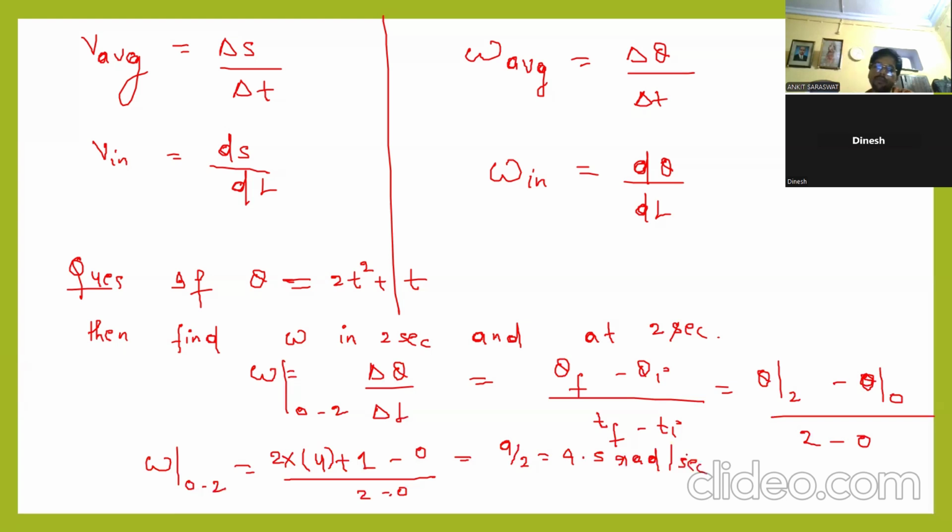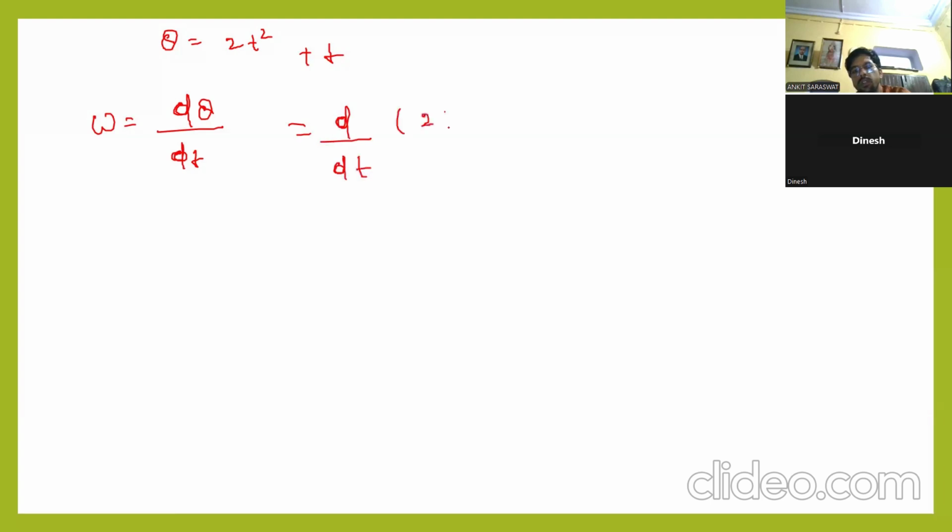Next, theta is given as 2t square plus t. Differentiate this and you will get the instantaneous angular velocity, omega.